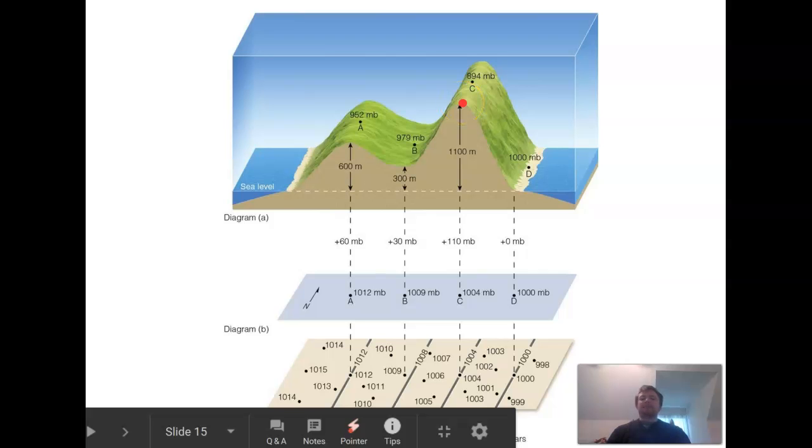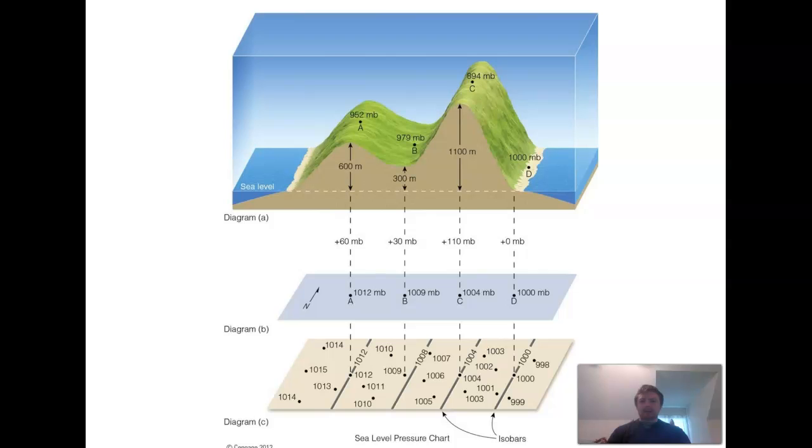So maybe you're somewhat familiar with this idea of a topographic map. On a topographic map, you can take the landscape, and then you have lines that correspond to different altitudes.